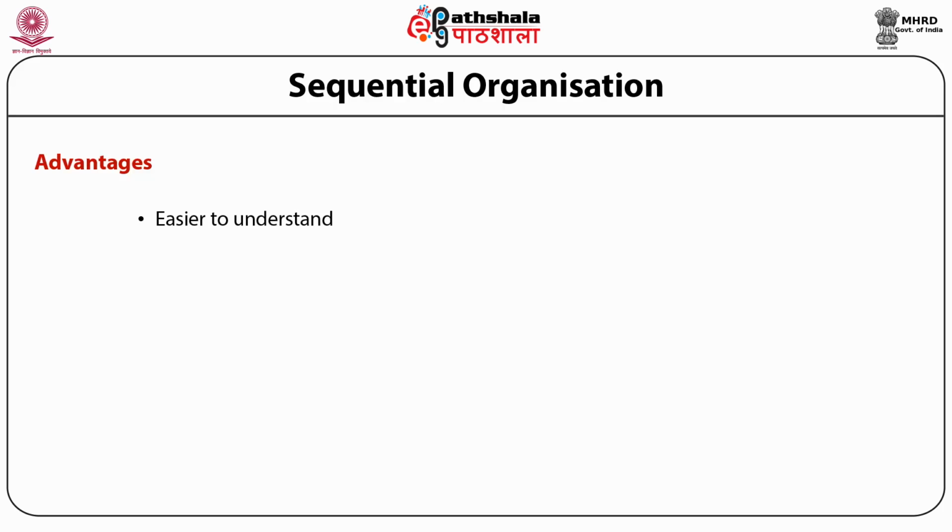The second point is long-term storage. The devices on which sequential organization is managed have a longer life, for example magnetic tape, which has more life, and these mostly store data for backup purposes.